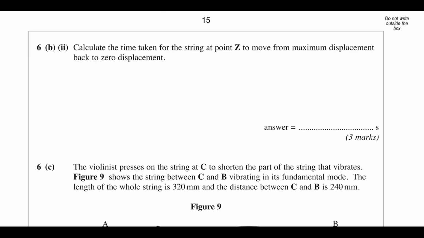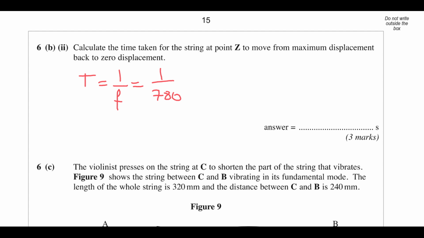Then it wants us to calculate the time taken for the string at point Z to move from maximum displacement back to 0 displacement. So that would be a quarter of a cycle, or a quarter of a time period. Let's first calculate the time period, which is 1 over the frequency. That's 1 over 780.